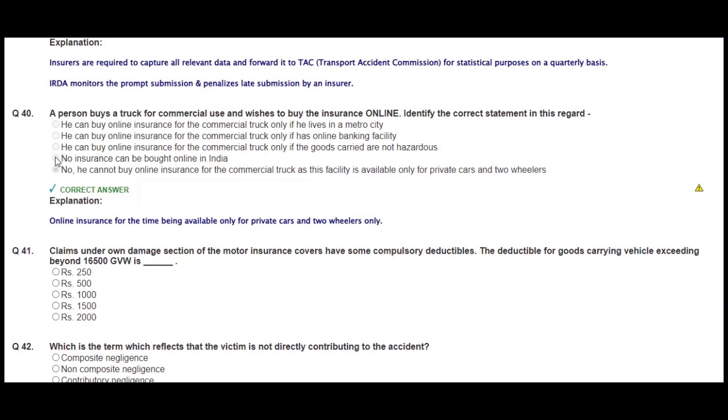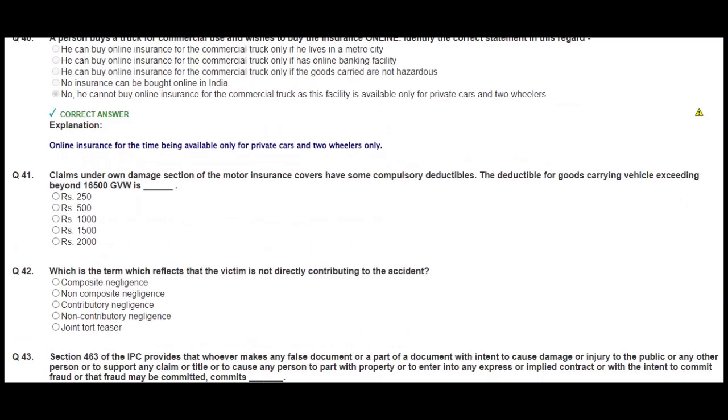It is wrong. We will actually choose the fourth answer, because some companies do sell online policies for two-wheelers and four-wheelers. So we will not choose 'no insurance company', because some insurance companies are already selling private car policies. So commercial policies cannot be bought online.